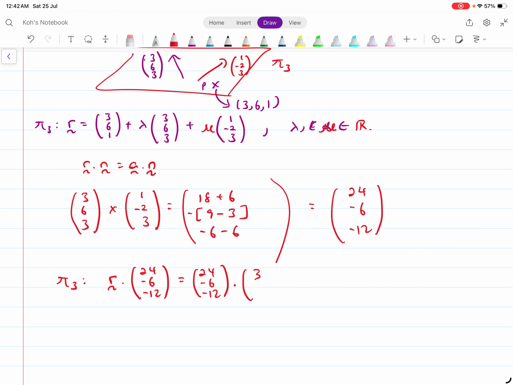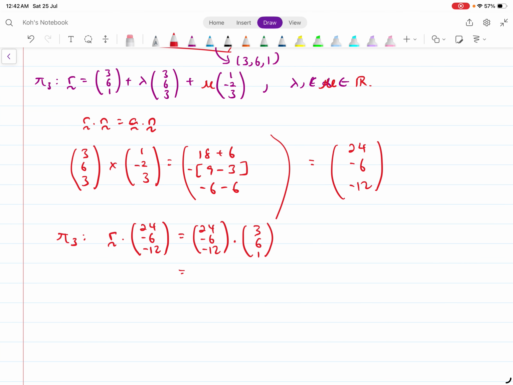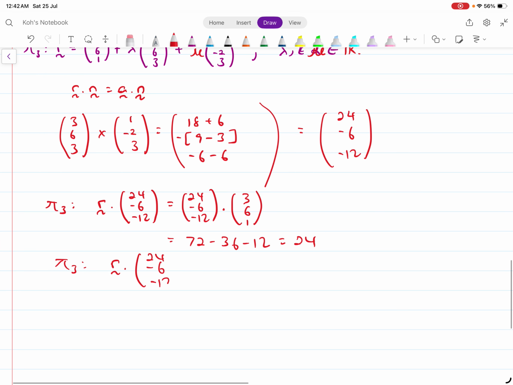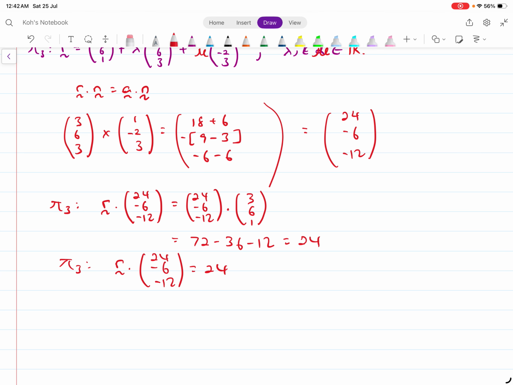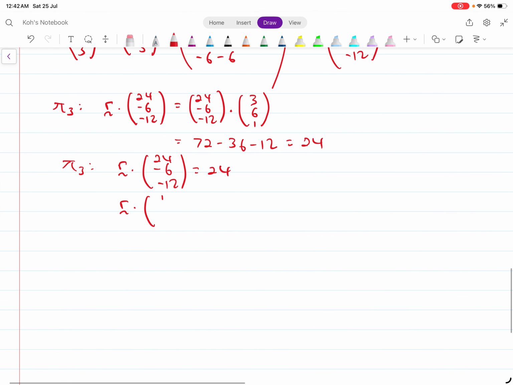This gives 72 minus 36 minus 12, which is 24. So plane 3 is r dot (24, -6, -12) = 24. I could divide everything by 24, but I'll just leave it as such.